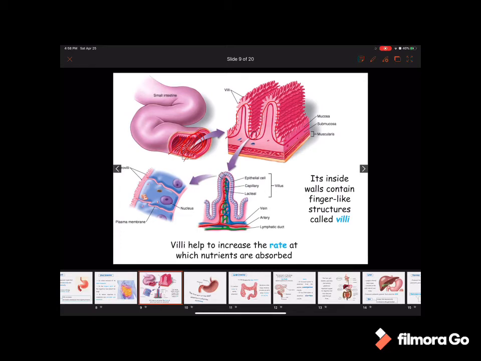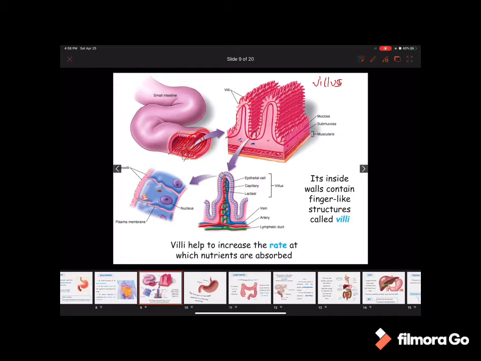And these structures, we call them the villi, all right? The singular is one villus. A lot of them is villi. And what's so important about the villi is they are very tiny. So that means there is a large number of these villi on the inside of the small intestine.